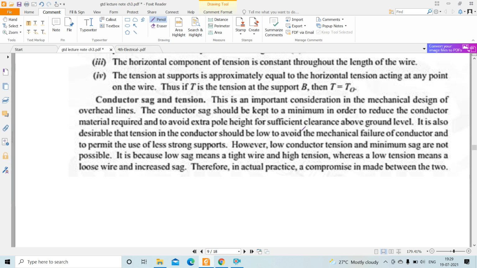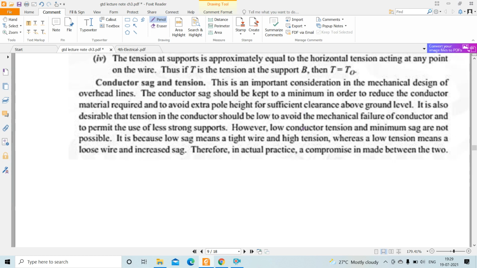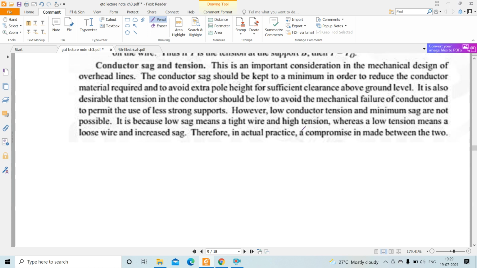So how to select between low sag and low tension, that is the challenge here. We have to make some compromise between these two states, low sag and low tension.